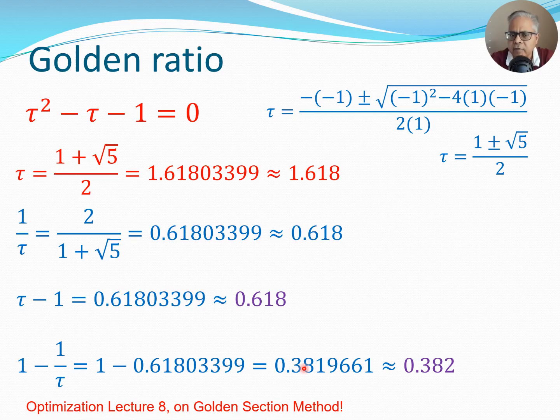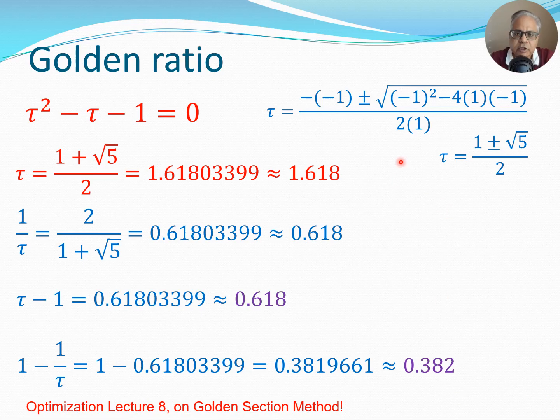So essentially what we are going to do is use these two numbers in purple, that is 0.618 and 0.382, to bracket or further refine the minimum point. And you will certainly notice that 1 minus 0.618 is 0.382.